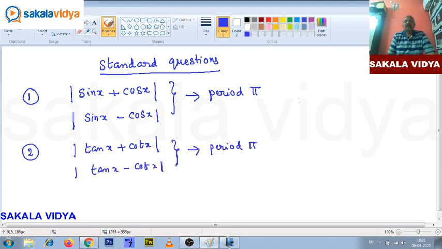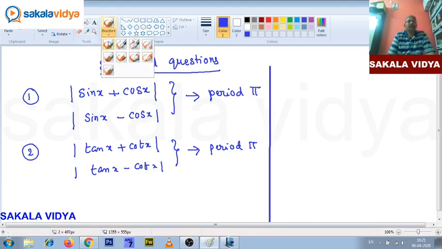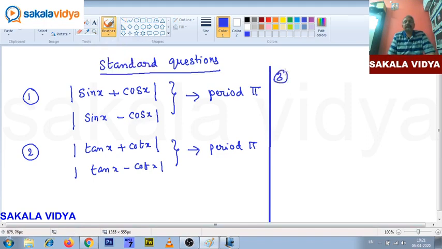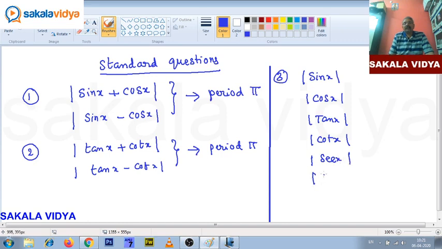We have the third concept: mod sin x, mod cos x, mod tan x, mod cot x, mod secant x, mod cosecant x, all have period pi.